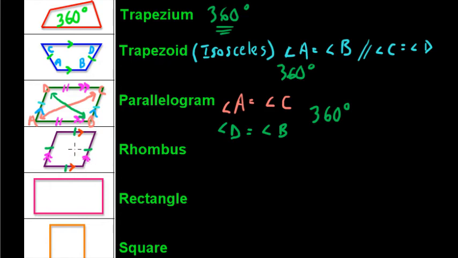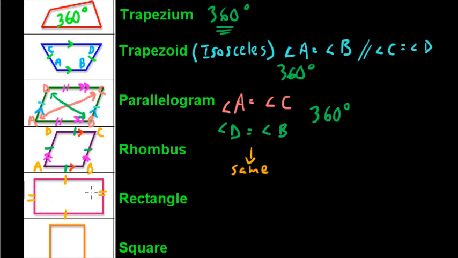Once again, the opposite angles are going to be equal. So if I number these angles A, B, C, and D, the same rules apply as a parallelogram.